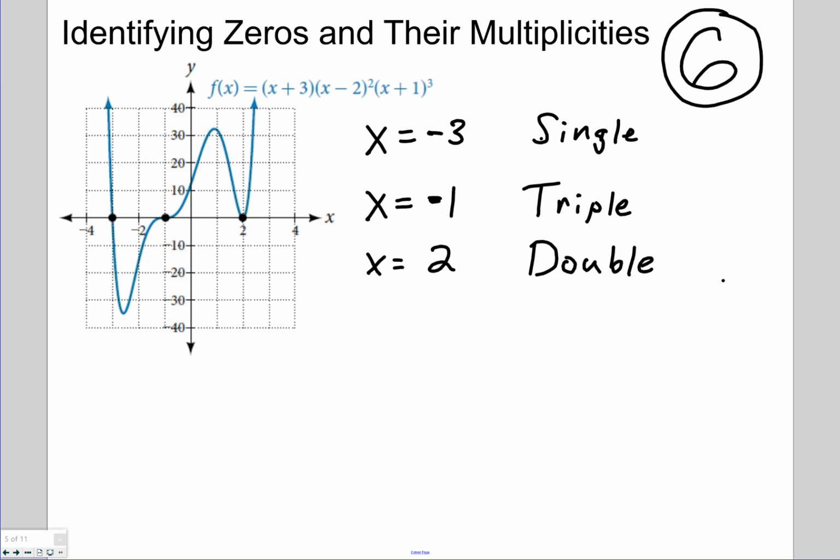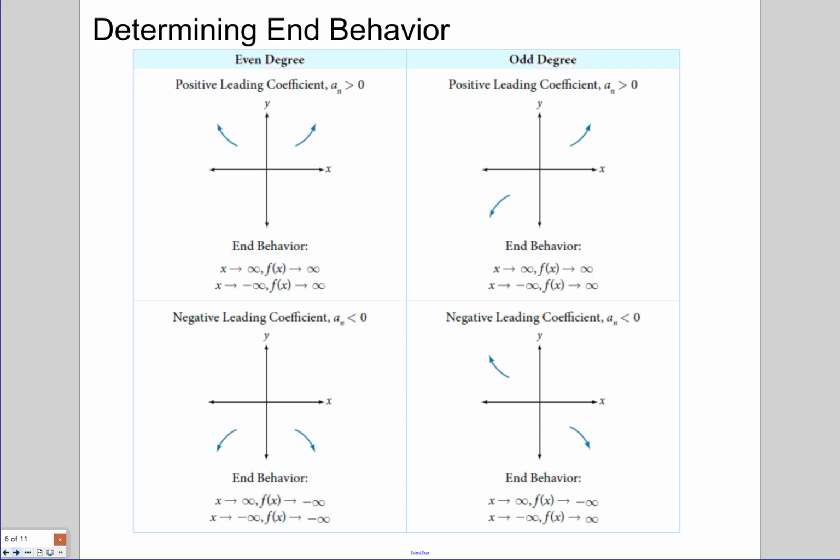Now, I need you to know this information to help us write the equation for these functions. That's the hardest part of today. So let's show you one more thing before we try. Have you guys heard about end behavior for functions? All right, so basically when you think about this, let's first start with the odd degrees. So odd degrees would be cubic, to the 5th power, to the 7th power, things like that.